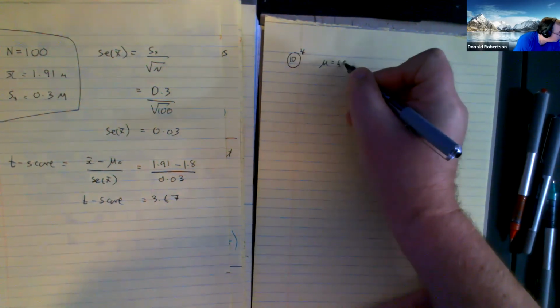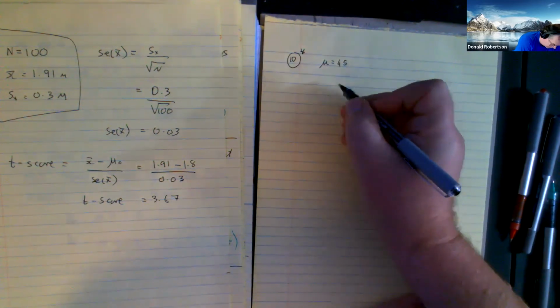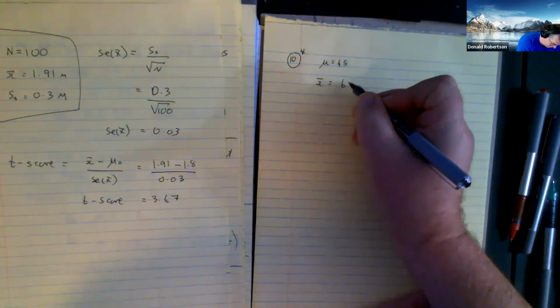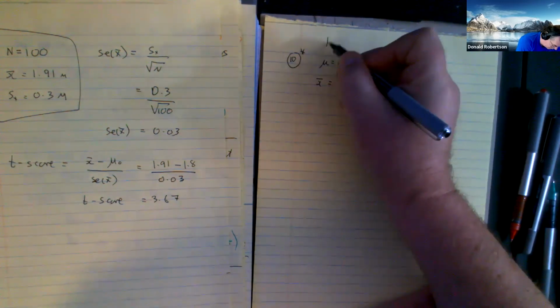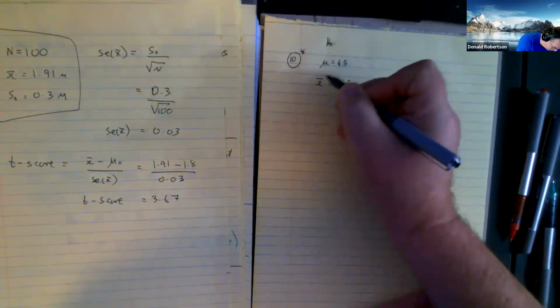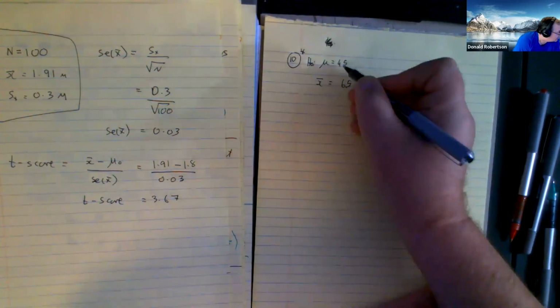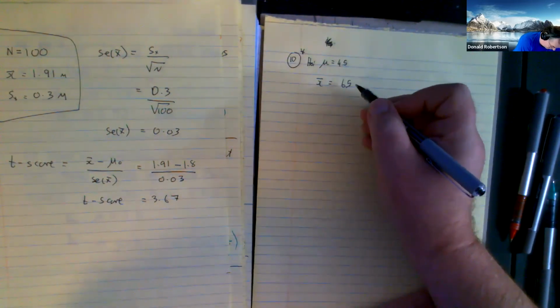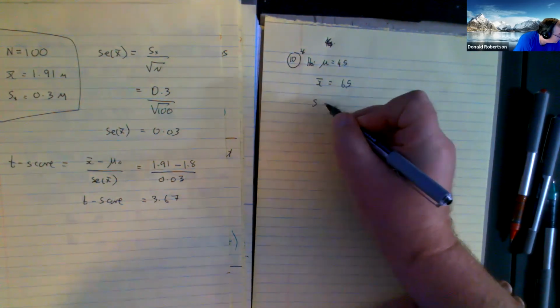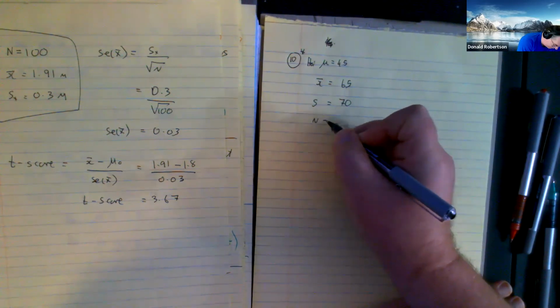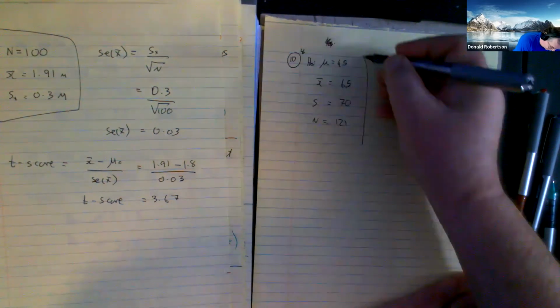Actually, you're kind of told stuff you don't need as well. I forgot to put H naught there. There we go. You're told that guy, that guy, that guy, and that guy, right? And you're being asked to find the t-score.